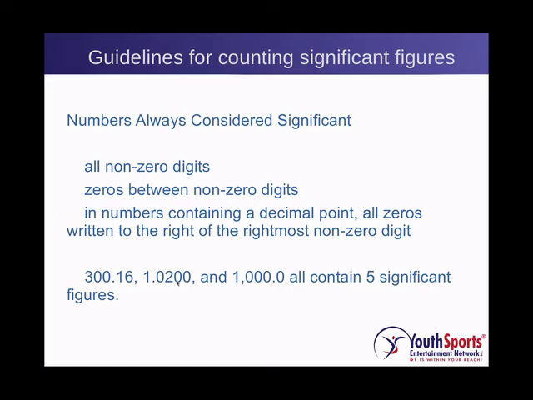All of the zeros written to the right of the last non-zero number are also considered significant. For example, this one has a decimal point, but after the 1, there are 4 specific zeros written over there, so they are all considered significant. Here you've got 2 zeros on the right of the 2, so they are considered significant. Here you don't see, after the 1, 6, you don't have any zeros after this, so they are not significant.